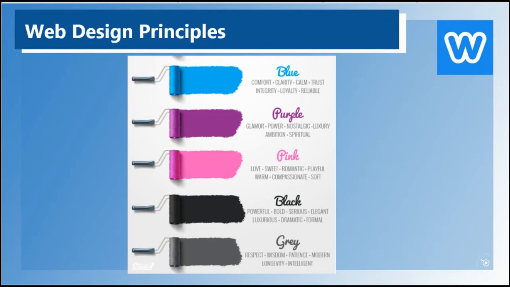Blue: comfort, clarity, calm, trust, integrity, loyalty, or reliable. Purple: glamour, power, nostalgic, luxury, ambition, or spiritual. Pink: love, sweet, romantic, playful, warm, compassionate, or soft.